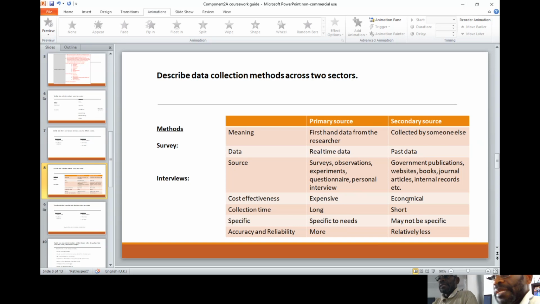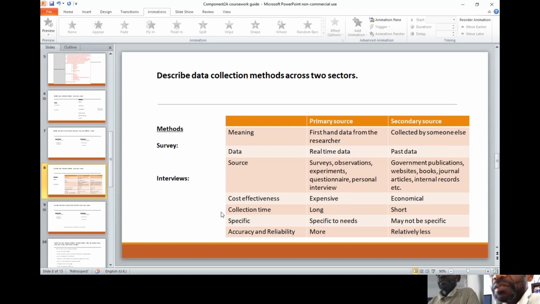You normally get these from government publications, websites, books, journal articles, internal records, etc. And it can be very economical because you don't spend too much time to get this information. It may not be specific to your need, and the reliability of this data can be relatively less.